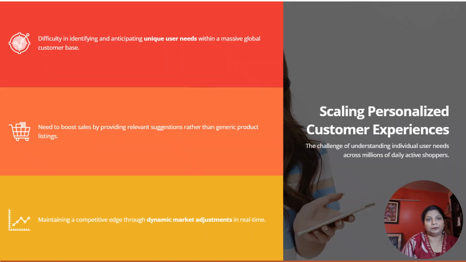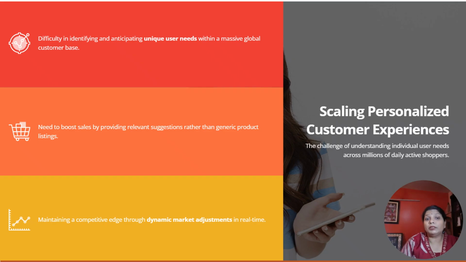So let's see now the core challenge faced by Amazon in delivering personalization at scale. First, Amazon operates with a massive global customer base, making it extremely difficult to identify and anticipate the unique needs and preferences of individual users.